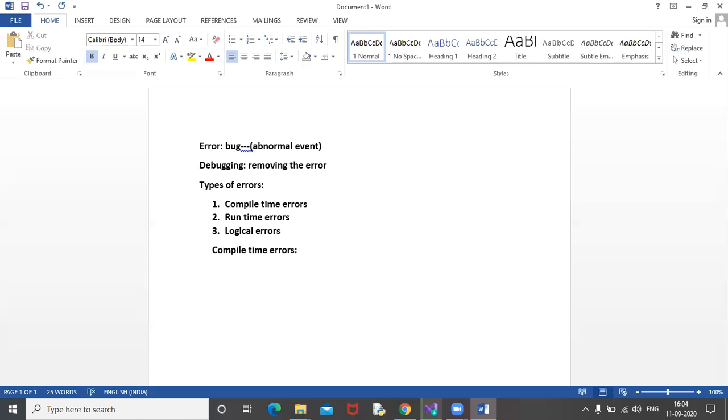Okay, fine. So how can you recognize them? They are mainly due to syntactical and grammatical mistakes. If your application has problems with respect to syntax and grammar, then those are these errors.